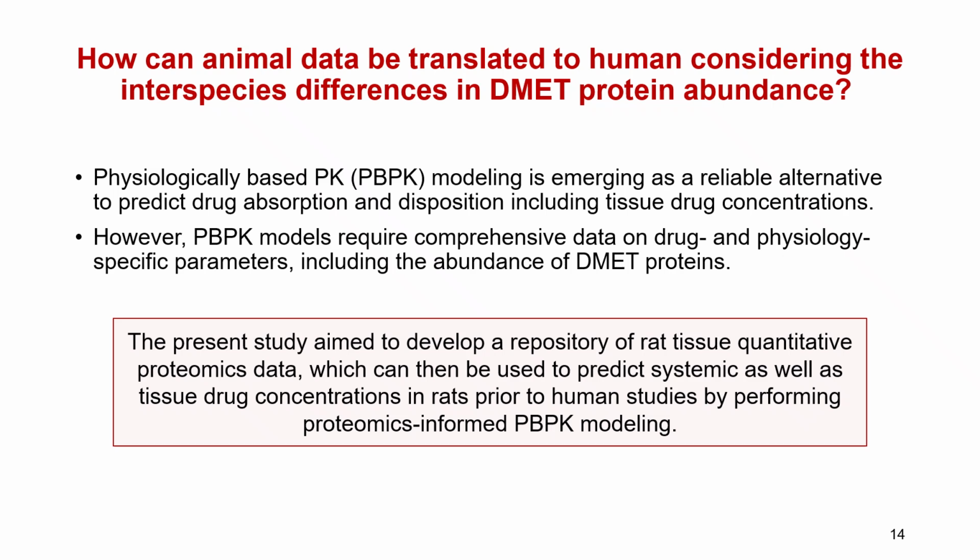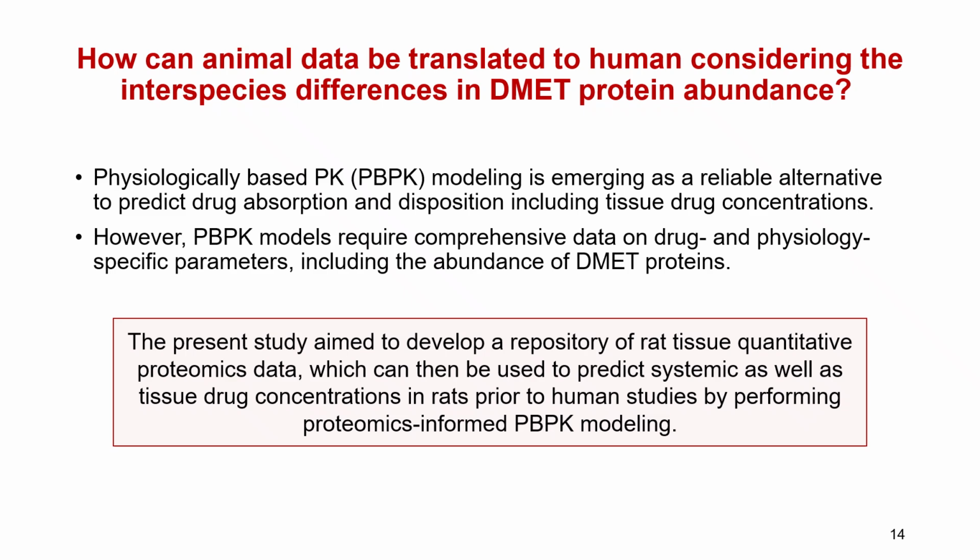So the question here is, how can animal data be translated to humans considering the interspecies differences in DMET protein abundance? One of the reliable alternatives is using physiologically based pharmacokinetic modeling to predict drug absorption and disposition, including tissue drug concentrations. However, these PBPK models require comprehensive data on drug and physiology specific parameters, including the abundance of DMET proteins.